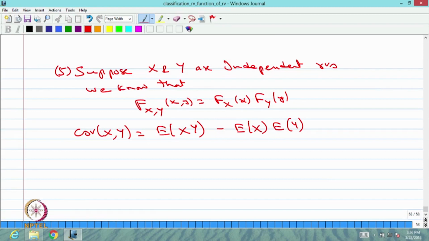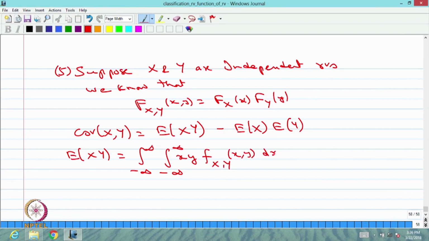When two random variables are independent, the expectation of x into y, suppose I assume that both random variables are of the continuous type, is the integral from minus infinity to infinity, minus infinity to infinity, of x times y times the joint probability density function of x comma y dx dy. I am making the assumption that both random variables are of the continuous type. A similar derivation can be done for discrete type random variables also.